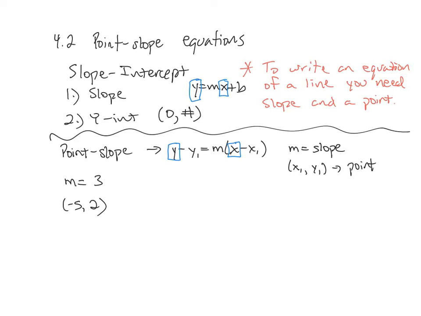Now, the one thing that we need to be careful of here is because there's minus signs in the formula. So it says minus y1 and minus x1. This means in both of these, because of the minus sign, I'm going to do the opposite of what I see over here. So when I plug it in, that minus sign means do the opposite. So what's the y part? The y part is a 2. And when I look at it, I see a positive 2.